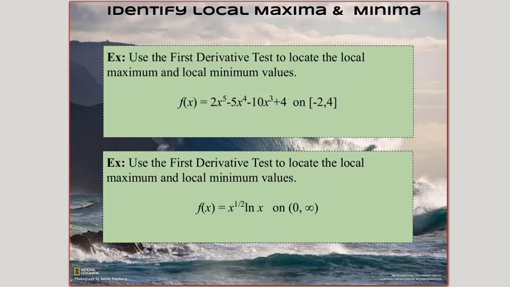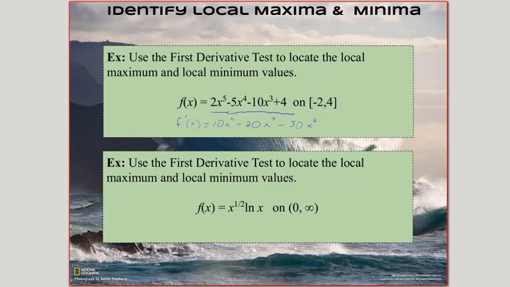So let's try this. On this first example, where f of x equals 2x to the 5th minus 5x to the 4th minus 10x to the 3rd plus 4. Well, let's calculate the derivative. 10x to the 4th minus 20x to the 3rd minus 30x squared.